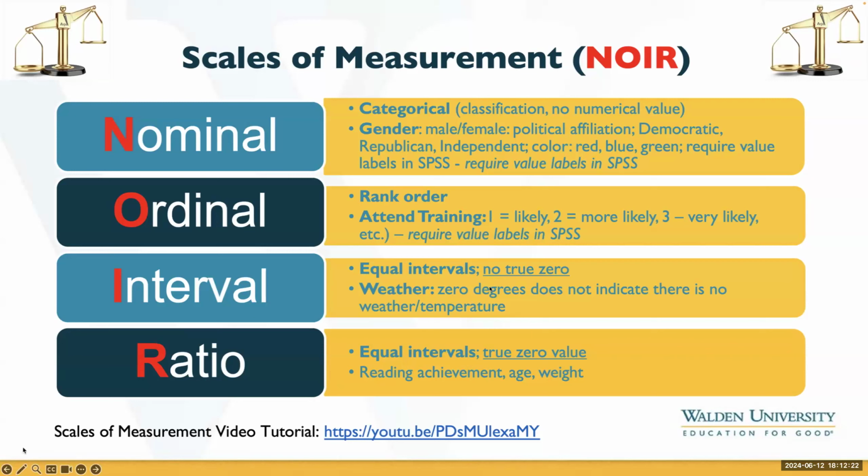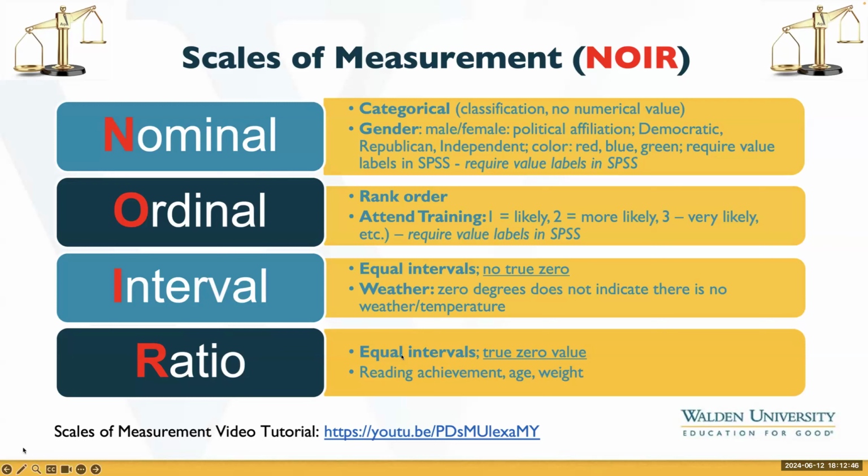Well, that doesn't mean that there's no true zero value. In other words, it doesn't mean that there is no temperature or no existence of temperature. It simply means that it's probably very cold, depending on where you are and who you are. So as you can see, a lot of variables may have no true zero value, and that would be an interval variable.